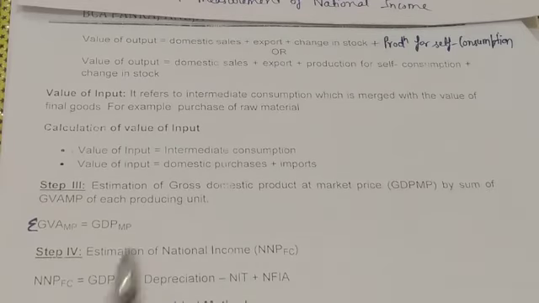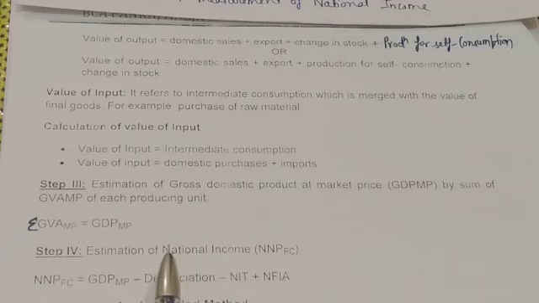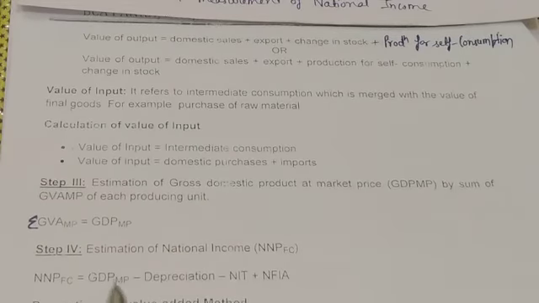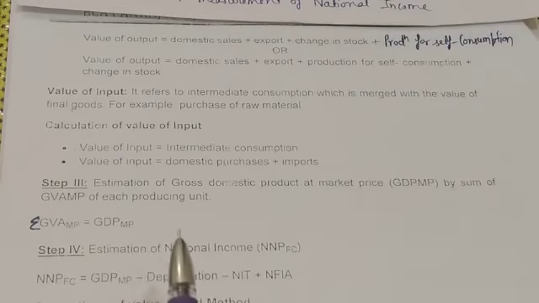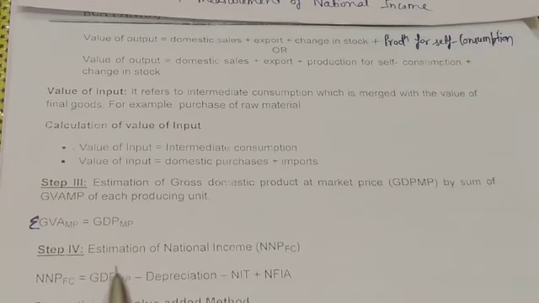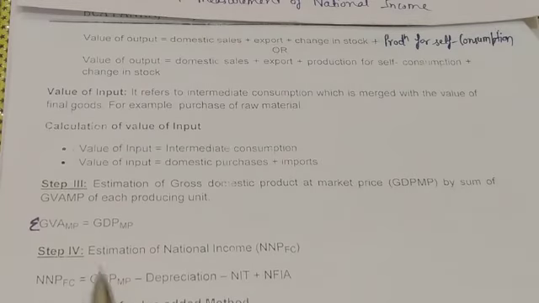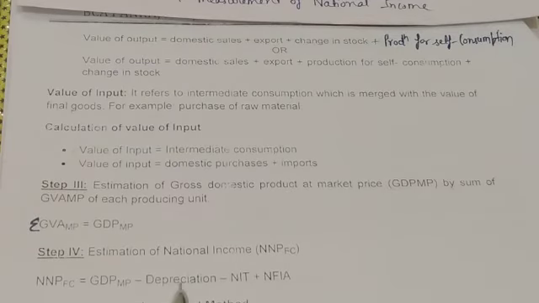I have already discussed this concept with you: when we go from G to N, from DP to NP, from MP to FC, what would be there? See carefully. When I want to go from G to N, I will subtract depreciation, according to the third chapter.